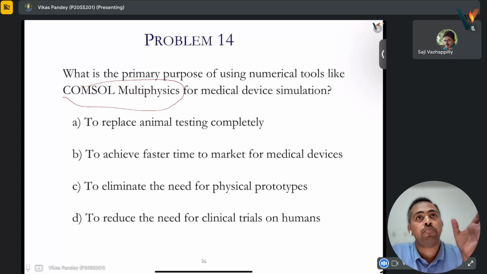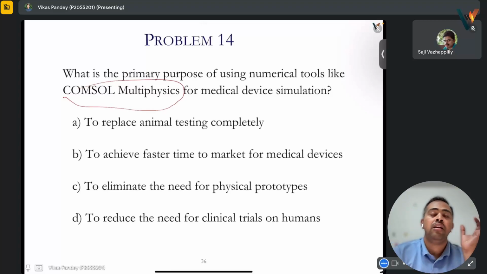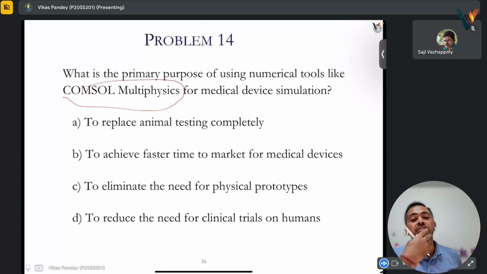Yeah. So when we do this, we are not actually replacing the whole process, we are reducing the physical number of prototypes. Like earlier, say we had to test 10, 20 prototypes.